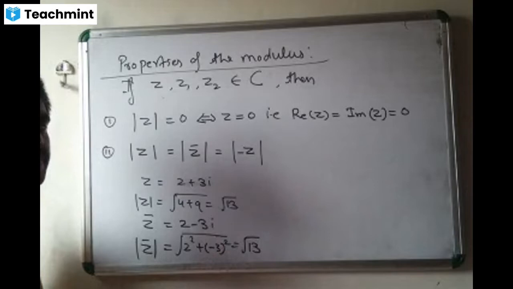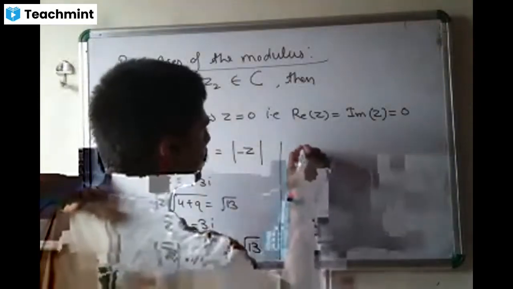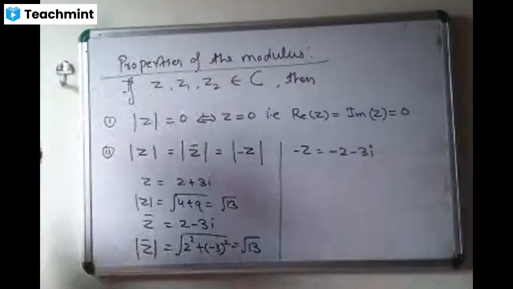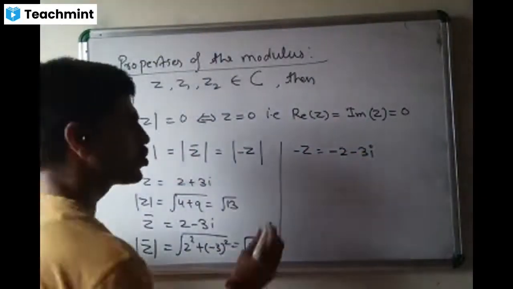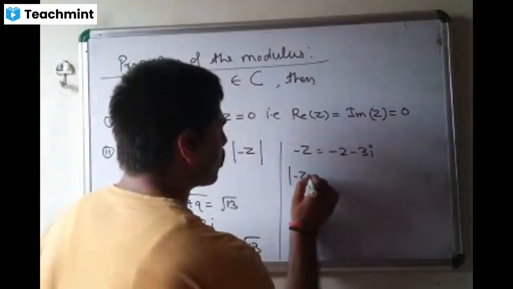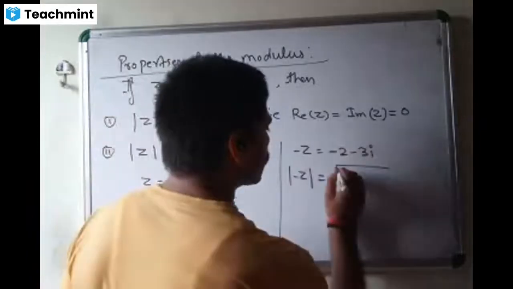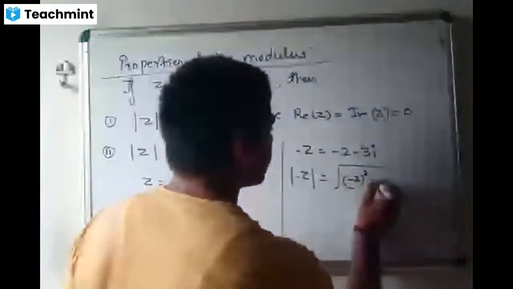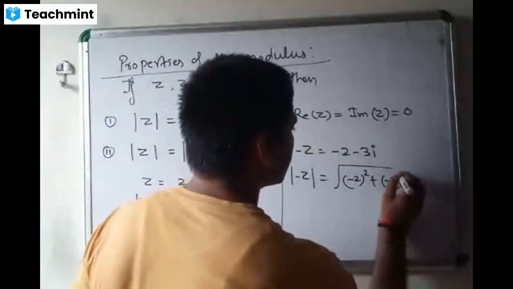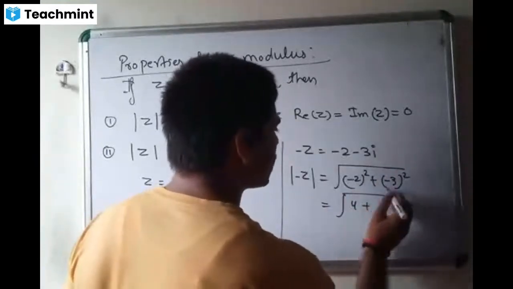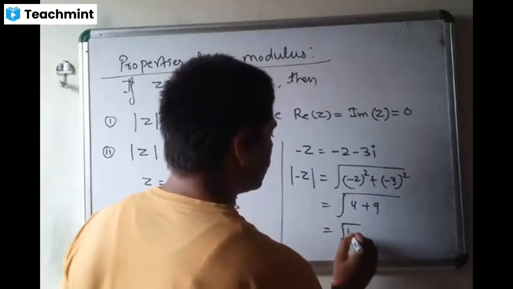And to find the modulus of minus z: z is equal to 2 plus 3i, so minus z is equal to minus 2 minus 3i. Yes or no? Yes, sir. To find its modulus, the real part is minus 2 and the imaginary part is minus 3. So the square of minus 2 is 4, the square of minus 3 is 9, and you will get root 13.